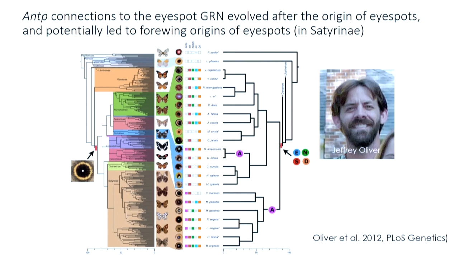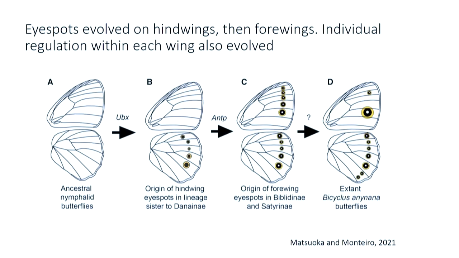So the Hox genes might have been super important for initially the origin of eye spots altogether, although, as I just mentioned, we only have data from one species in the Satyrids. But then antennapedia helped carry over the network and activate the network in the forewing afterwards.